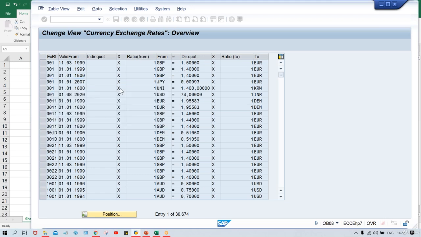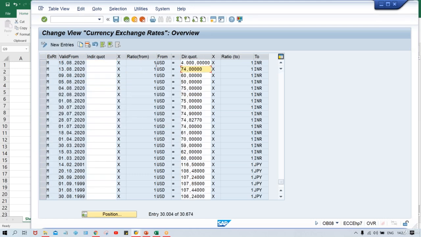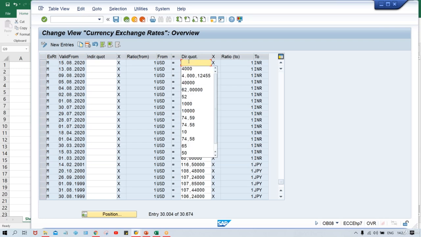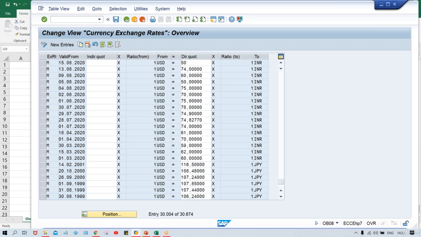Now here, I'll just remove this rate because I specified it to show you guys the logic of translation ratio. Save it. Look at here. This is the rate I have specified. So here, this 50 I have specified under direct quotations.